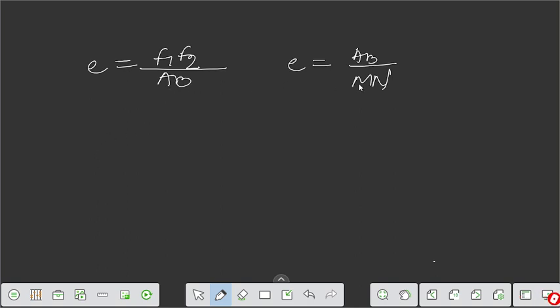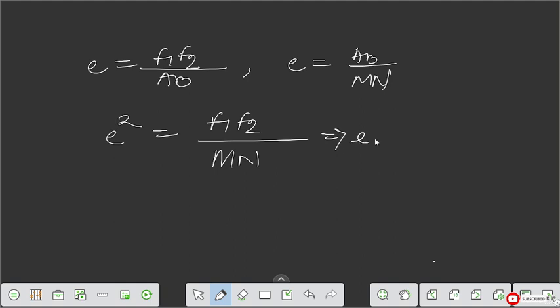Now multiply these two formulas. So eccentricity squared is equal to F1F2 divided by MN, which implies that eccentricity is equal to the root of F1F2 divided by MN.